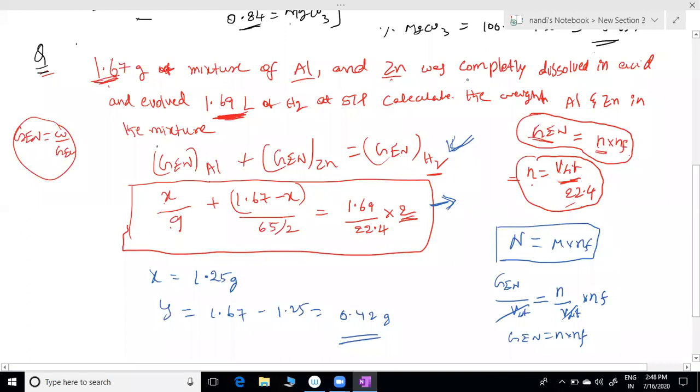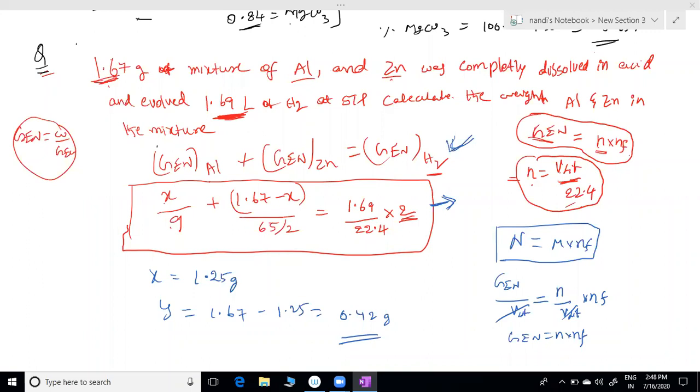Kaushik Babu, what's your doubt? Okay. These are the summations based on general gram equivalent number.